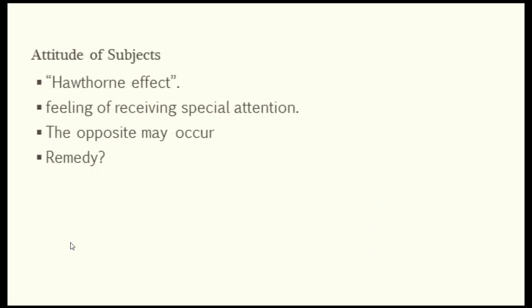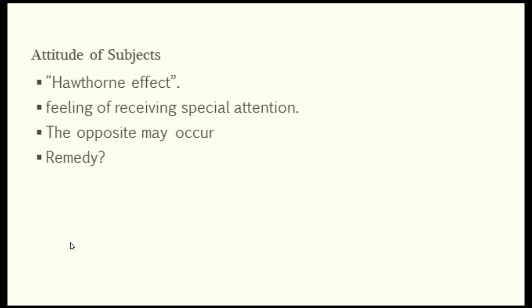All right, so attitude of subjects is another, like maturation, another subject-specific threat to internal validity. And so, the way that the subjects, in this case the students, view a study or view their participation in a study can be considered a threat to internal validity sometimes. So your chapter described it as the Hawthorne effect. Subjects may actually perform better based on a feeling that they're receiving some kind of special attention, right?